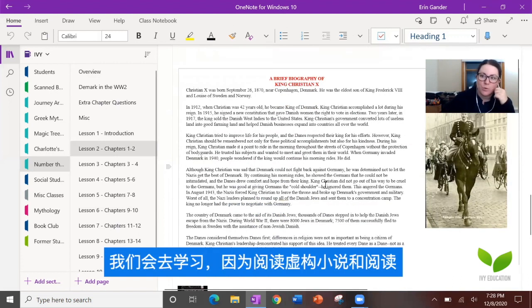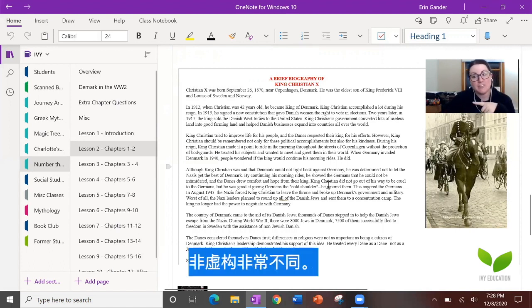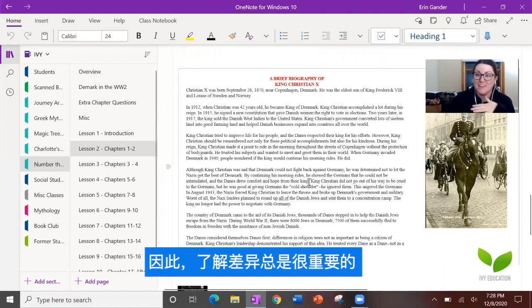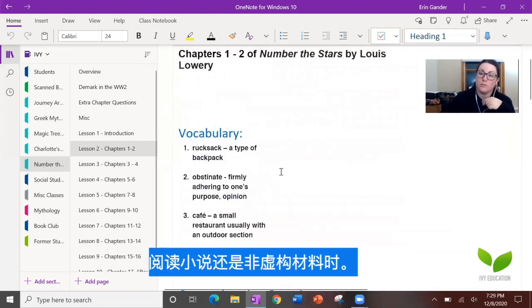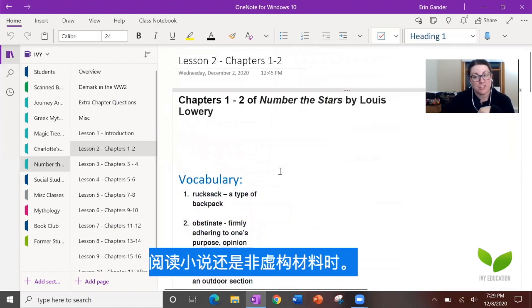different readings that we would work on, because reading fiction and reading nonfiction are very, very different. So it is always important to kind of know the difference and to see what you should be paying attention to if you're reading for fiction or if you're reading for nonfiction.